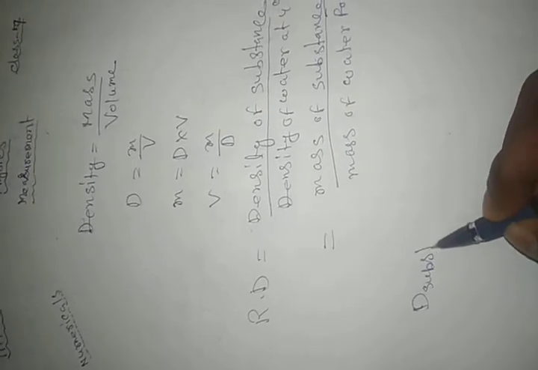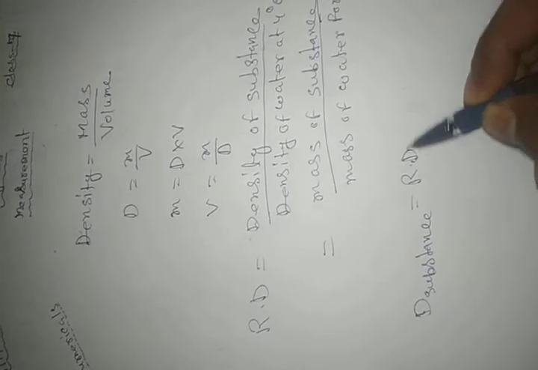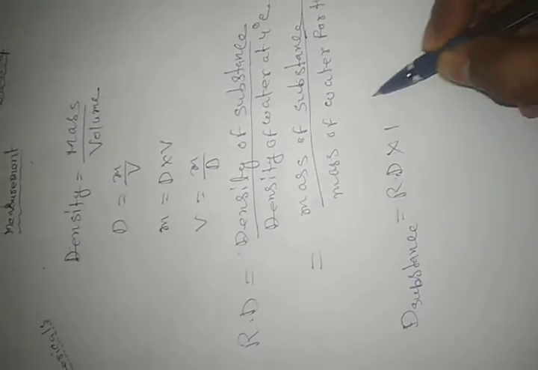And how to convert relative density into density? Density of the substance equals relative density into 1 in case of CGS.